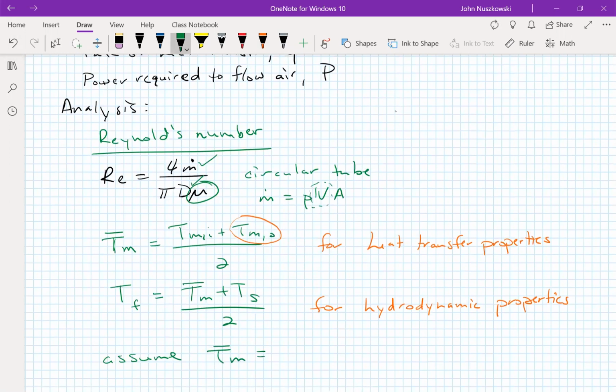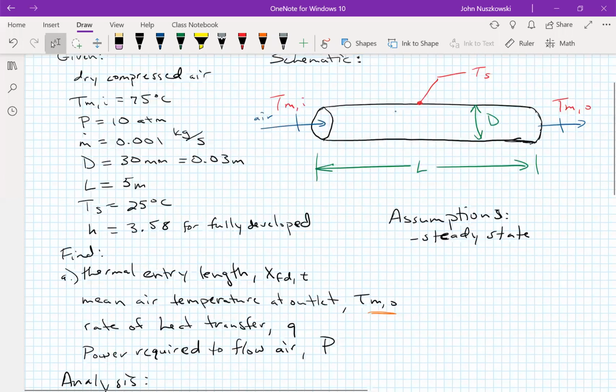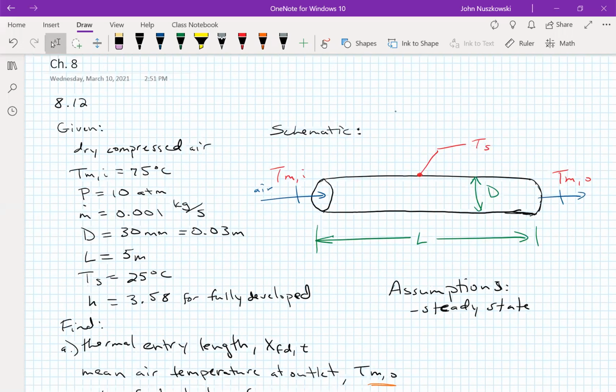A good place to start would be looking at what's going on here, right? We have 75 degrees Celsius entering, and the surface is at 25. So that means the outlet can only get down to a temperature of 25 degrees Celsius. So we're going to have somewhere in between, from the inlet to the outlet.